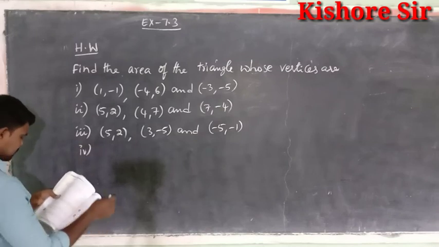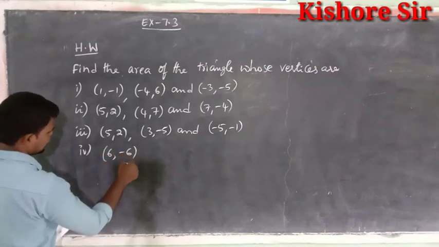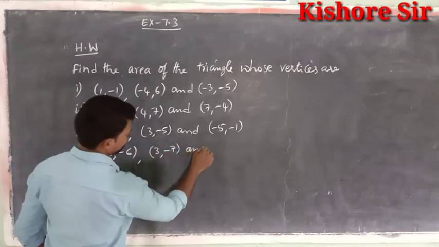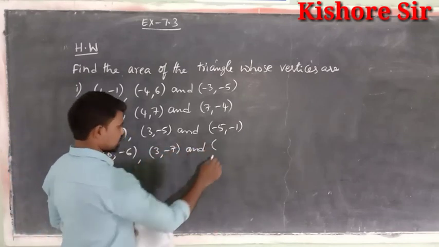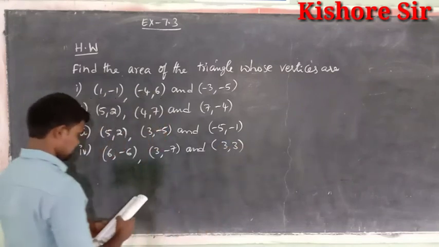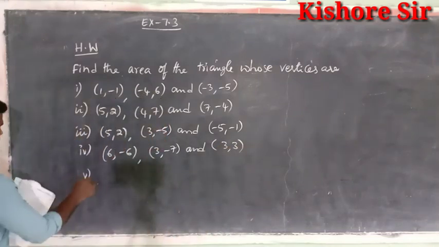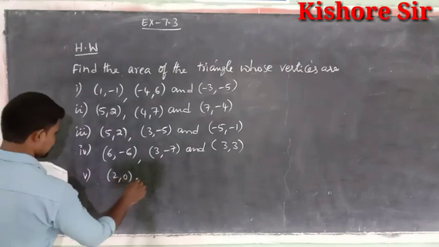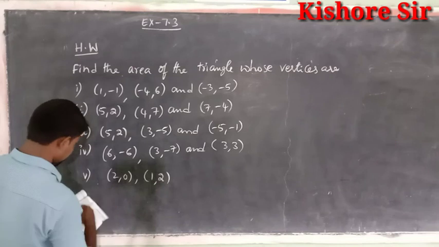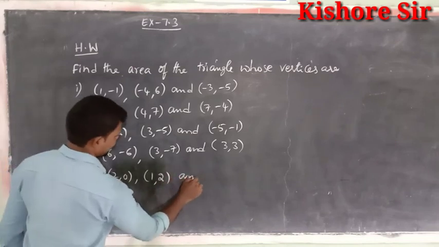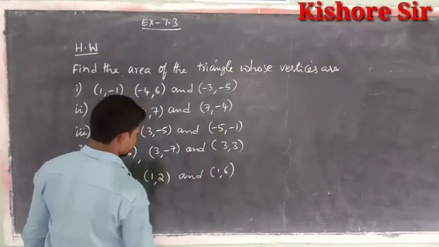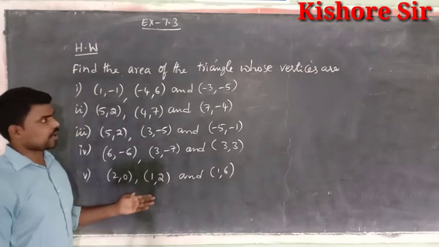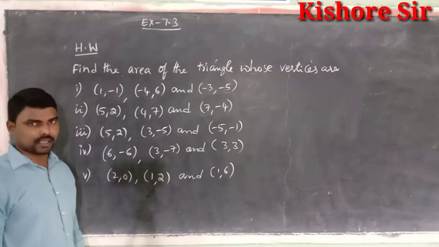Fourth problem: 6 comma minus 6, 3 comma minus 7, and 3 comma 3. Fifth problem: 2 comma 0, 1 comma 2, and 1 comma 6. I am giving these problems as homework. Find the area of the triangle.